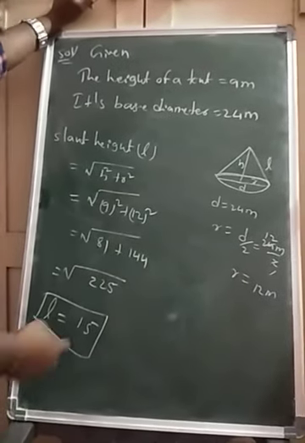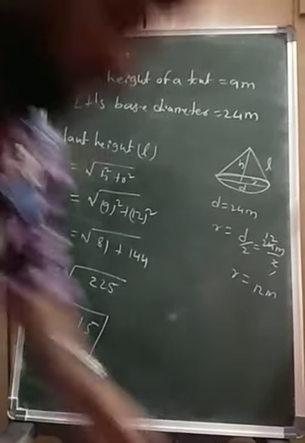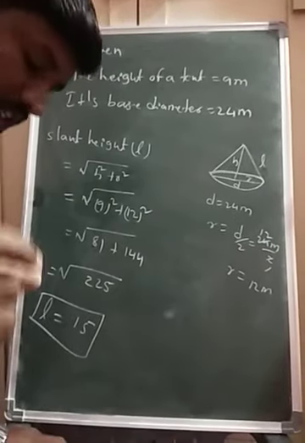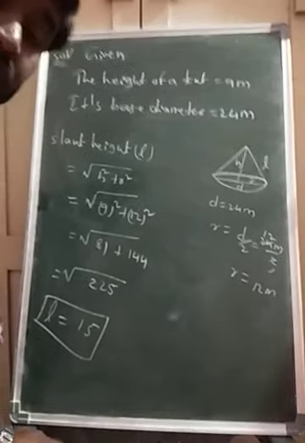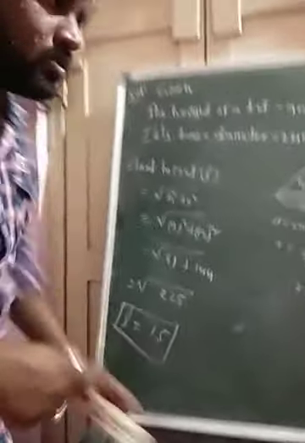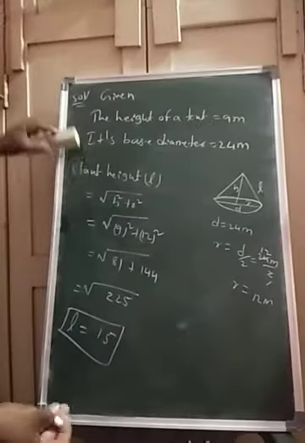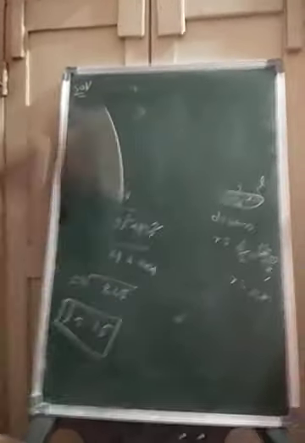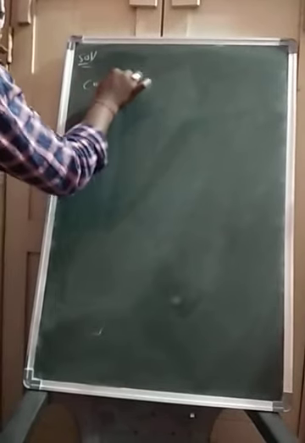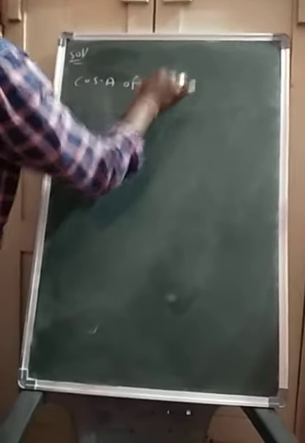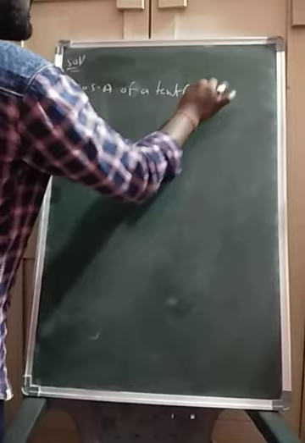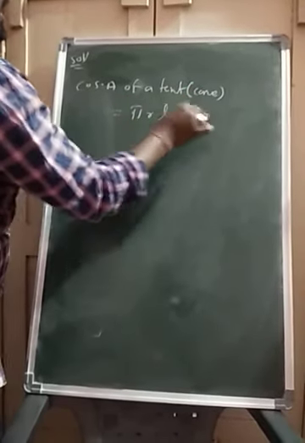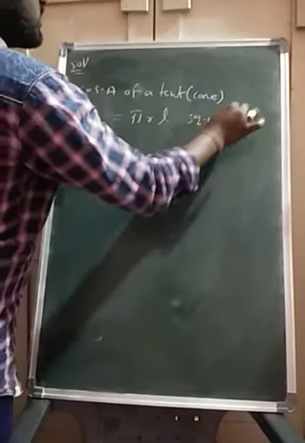Yes, now we know the value of L. Now I want the curved surface area, since we need the cost of canvas cloth required at rupees 14 per square meter. The curved surface area of the cone is pi r L square units.